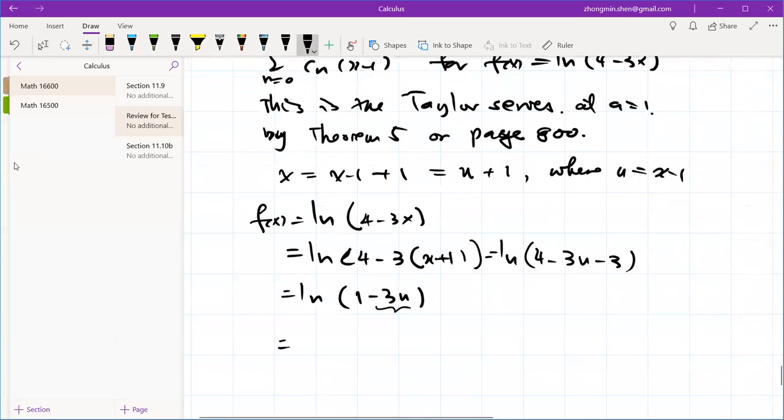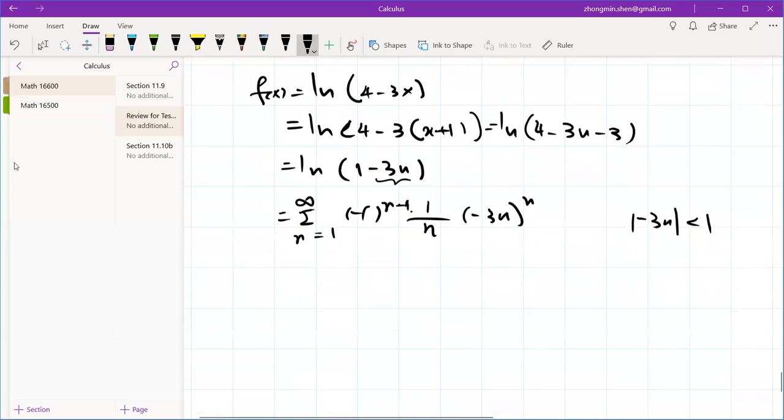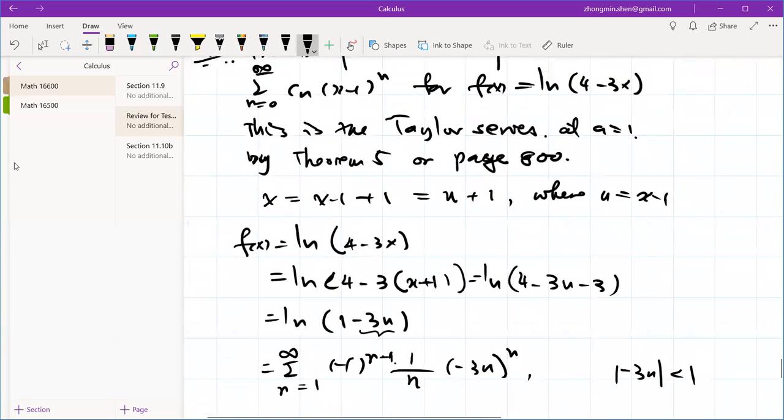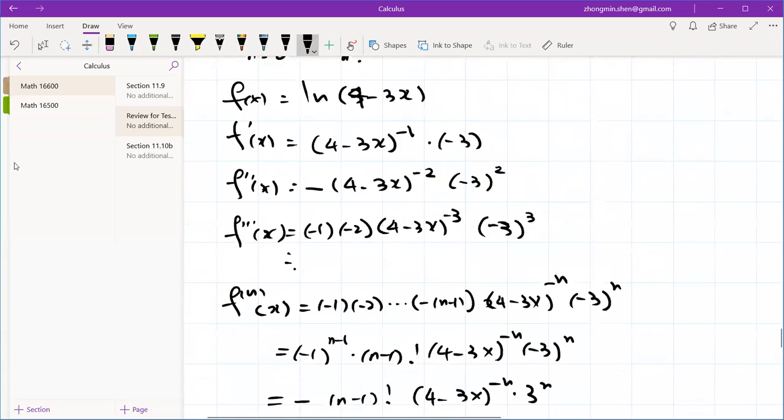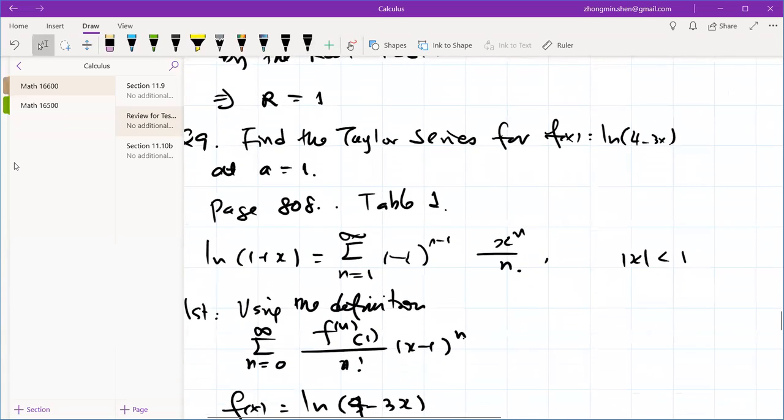According to the formula, it is going to be the sum from n equals 1 of negative 1 to the n minus 1 over n, times (3u) to the power n, and the absolute value of negative 3u is less than 1. Yes, this holds by the above fact. Natural log of 1 plus x equals the sum of negative 1 to the n minus 1, x to the power n over n.